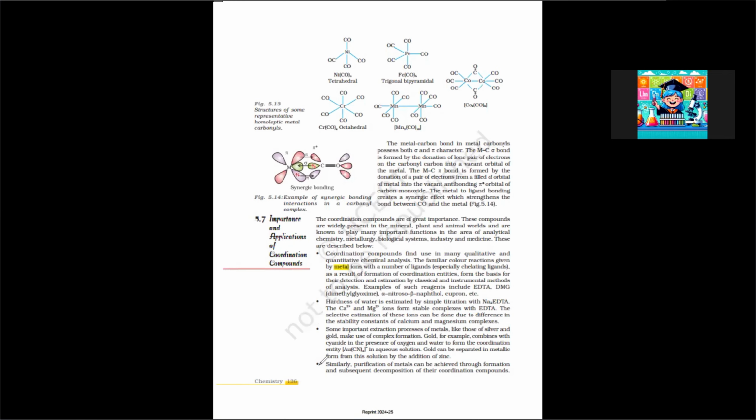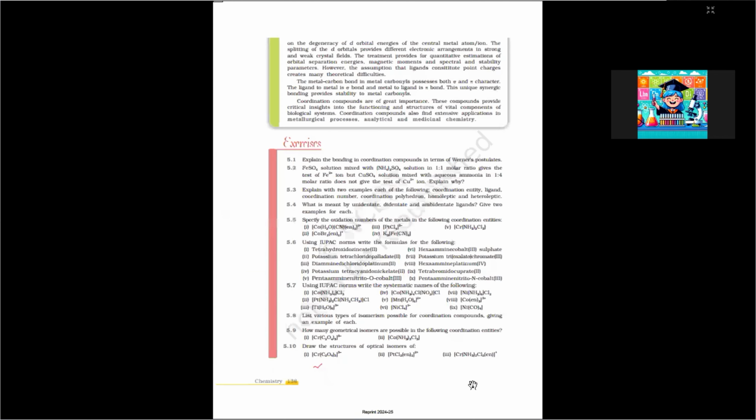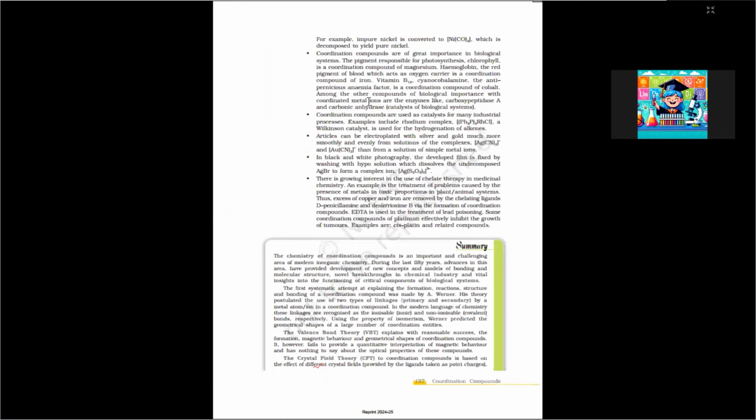Now coming to the next application, that is purification of metals. This is also done with the help of complex forming reactions. Certain metals form stable complexes with certain ligands, and we will get stable complexes for these metals if present in a mixture.